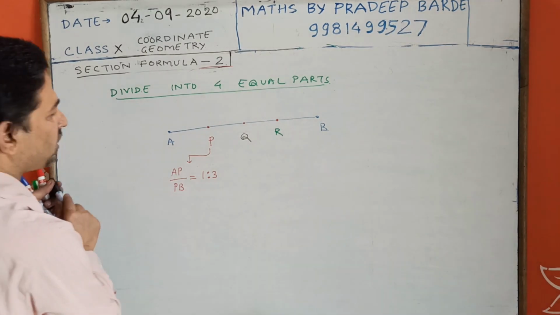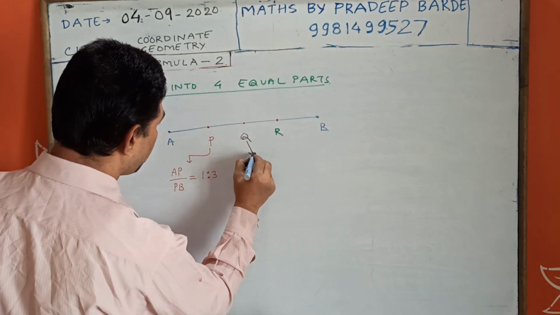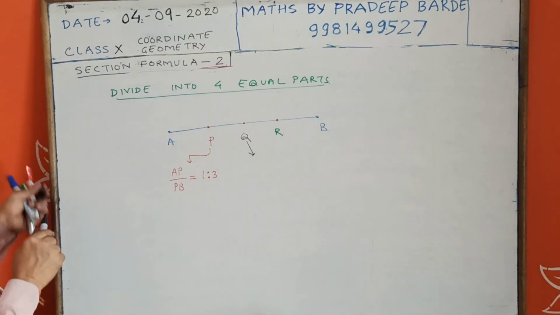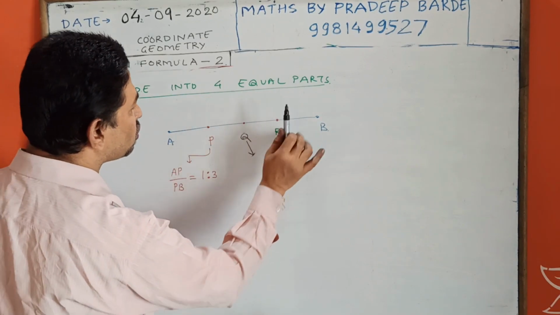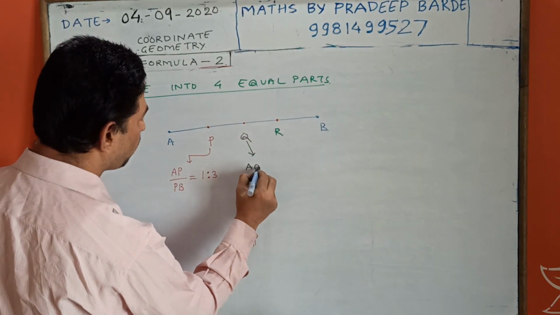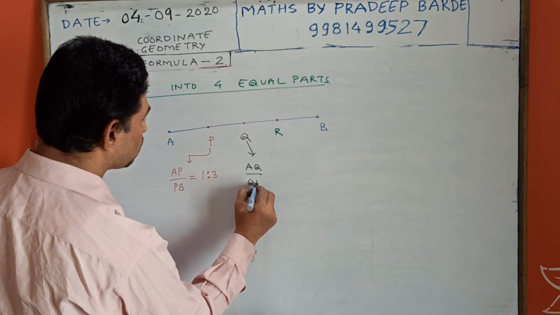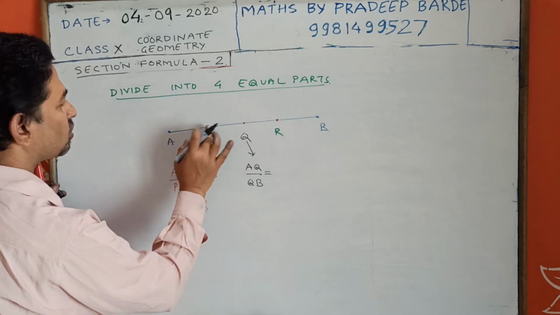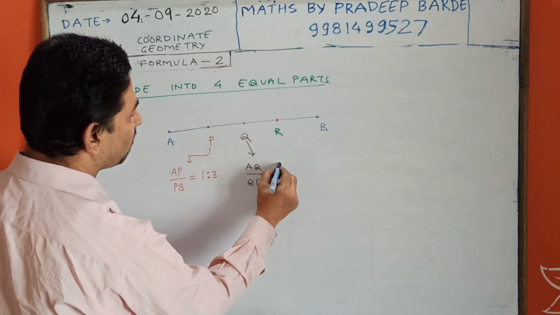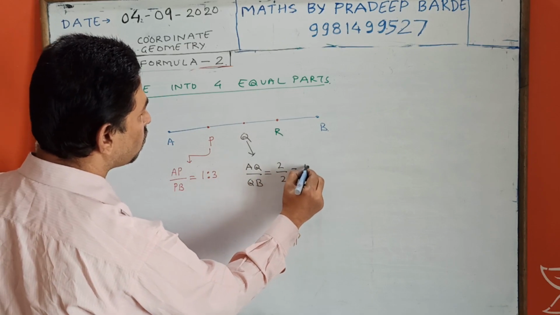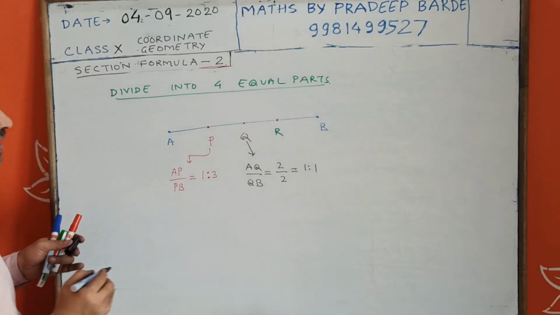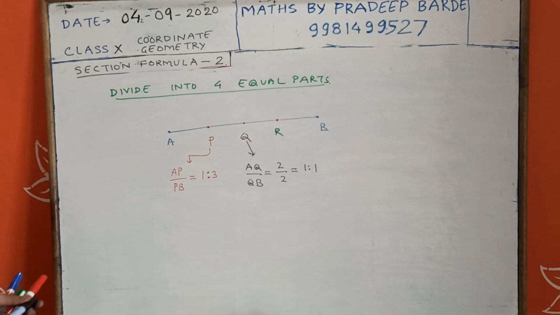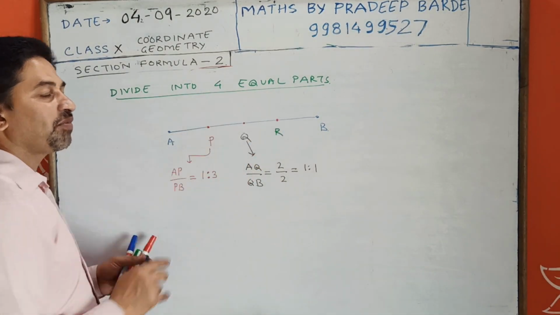Then for the point Q, now the ratio will be AQ is to QB. So it is 2 पार्ट इधर है, 2 पार्ट इधर है, 2:2, which can also be considered as 1:1. This is the midpoint of AB.